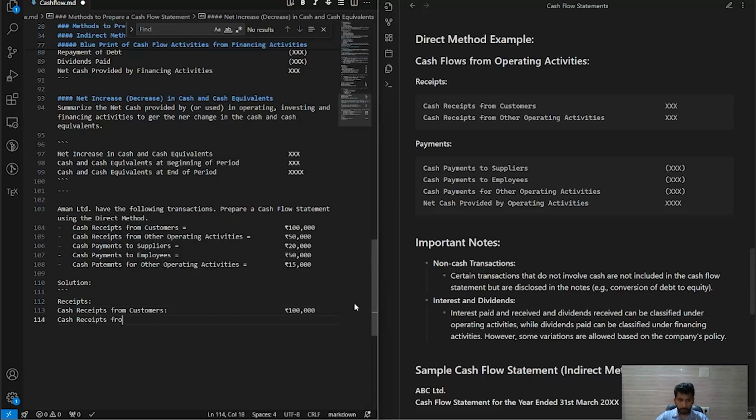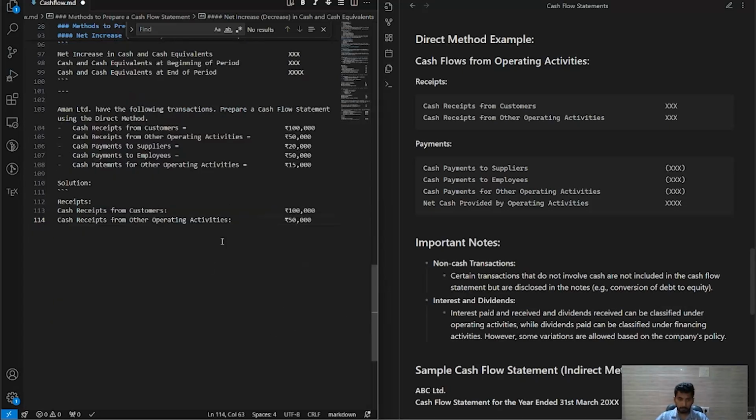Cash receipts from other income. Total receipts will be rupees 1,50,000.